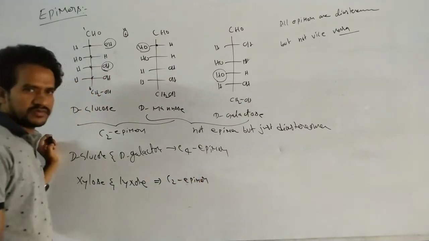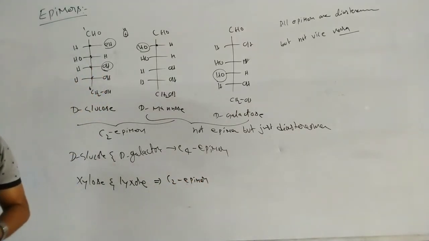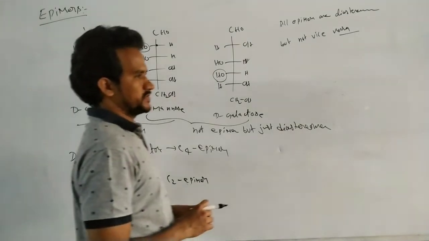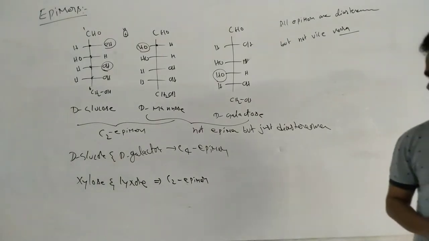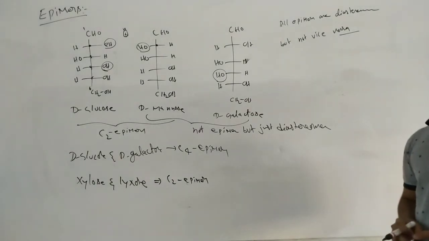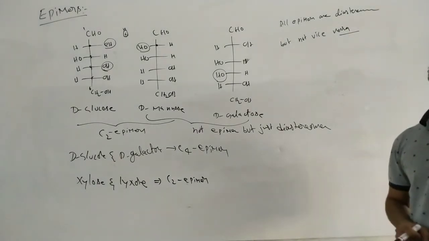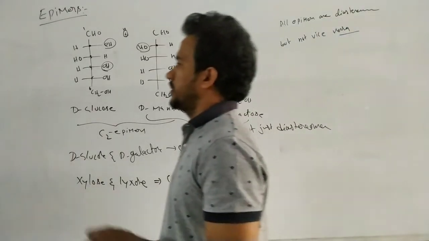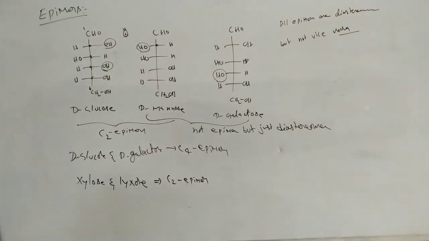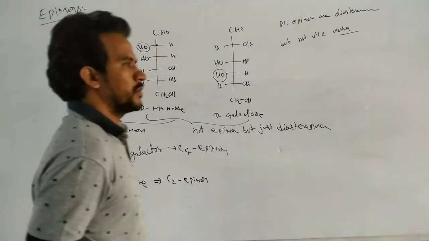At second carbon, different configuration. You can see in notes. And ribose, arabinose also C2 epimers, different configuration at the second chiral carbon. Okay, epimers.